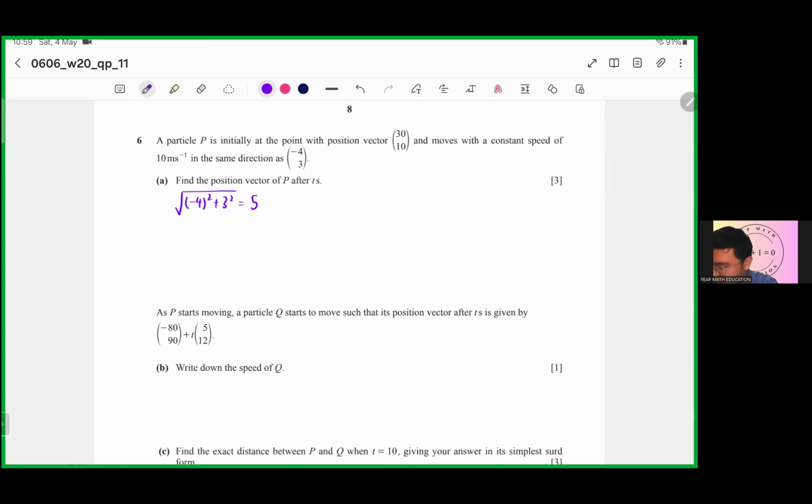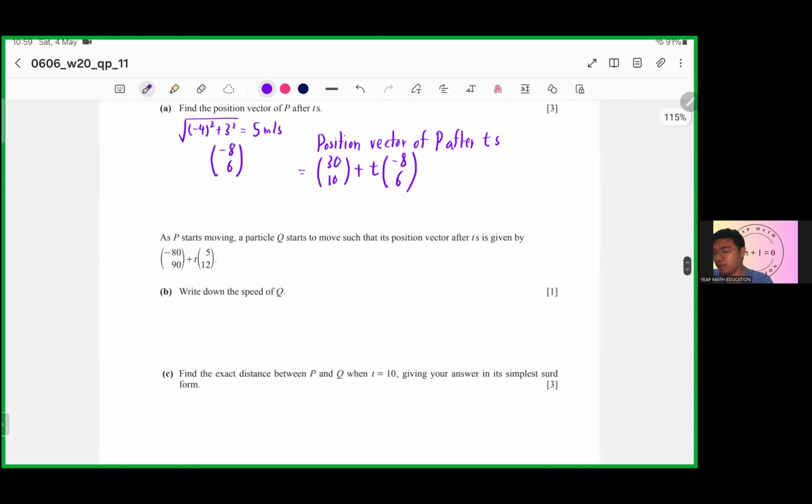We get 5 meters per second, hence the direction will show as -8, 6. Now we need to find the position vector of P after T seconds. So we can take 13, 10 plus T times -8, 6.